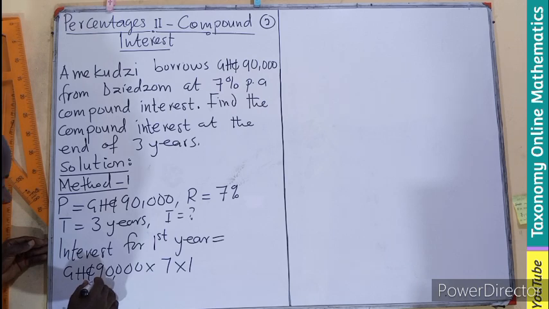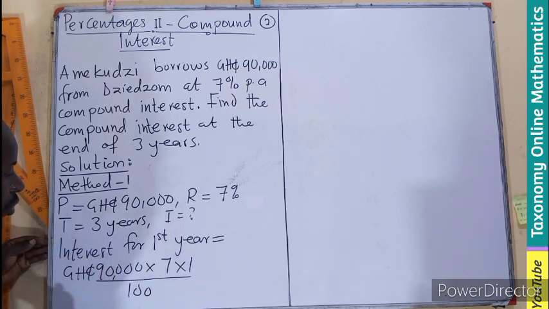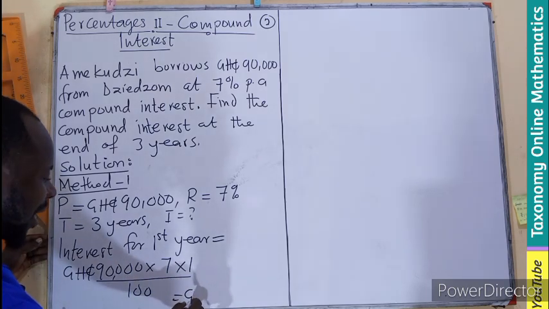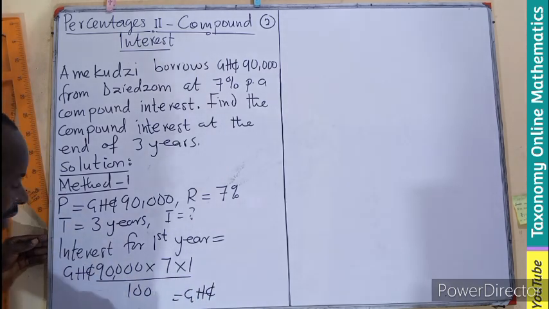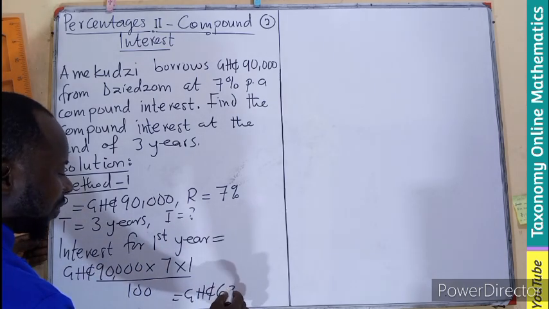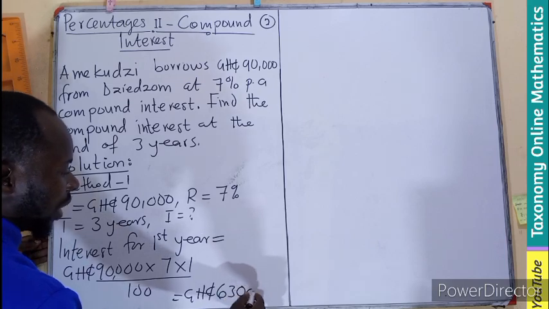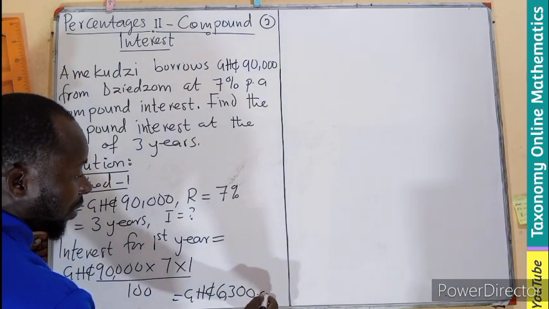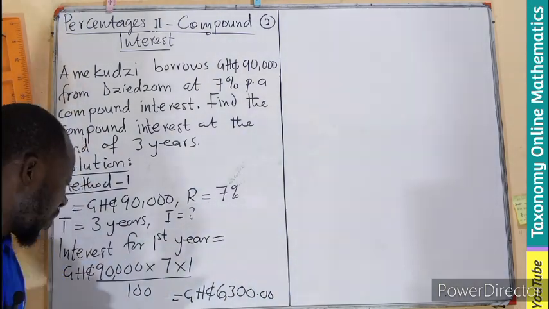The 7 is divided by 100, so I can put it in all. This is multiplication, so the 100 can divide them all. Then if that is done, this will cancel this, as we'll be having 2 zeros, 9 times 7 is 63 with 2 zeros. That's 6,300.